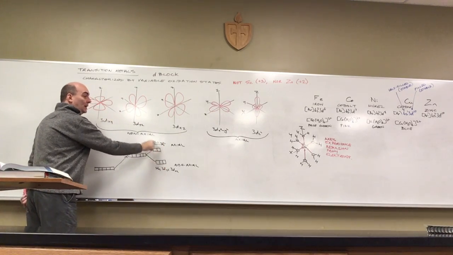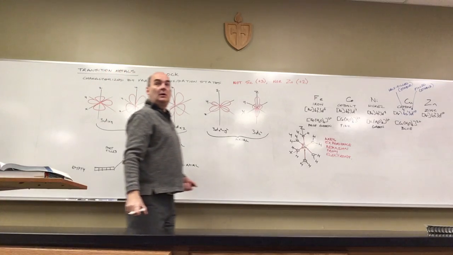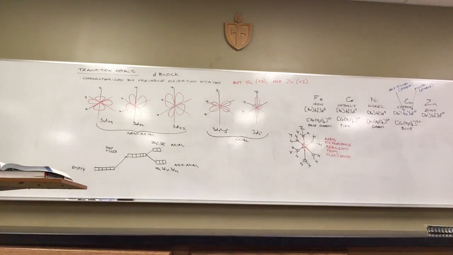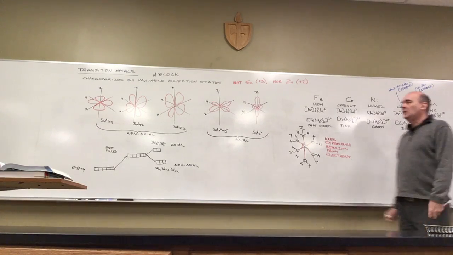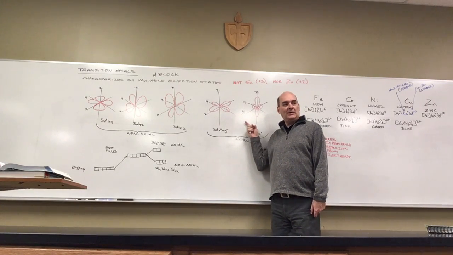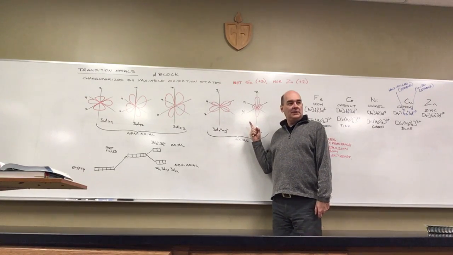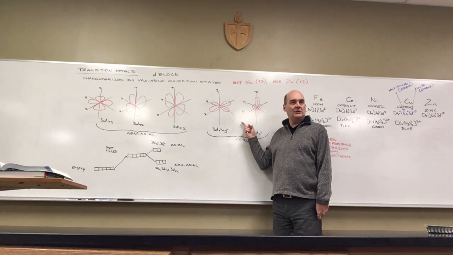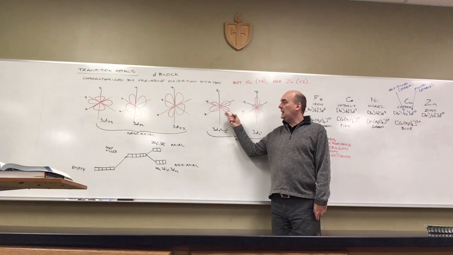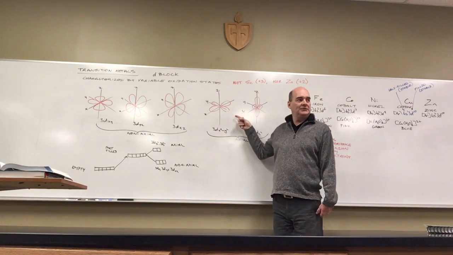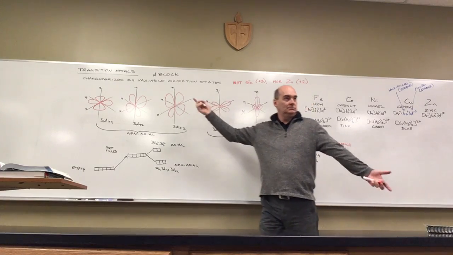These two are going to experience more repulsion. Electrons in the axial orbitals are going to be repelled by electrons from the waters, from the oxygens on the water. And they're pointing directly at the metal, down the axial bonds, down the axial axes.